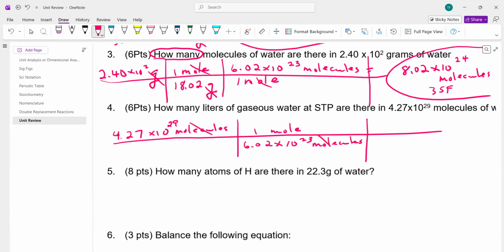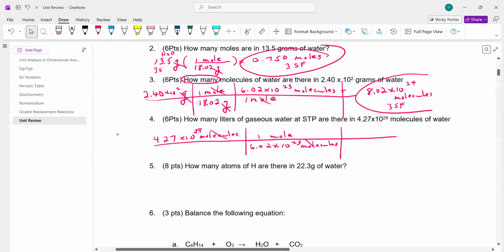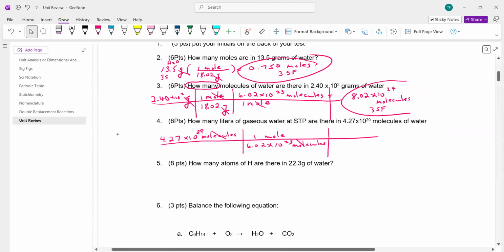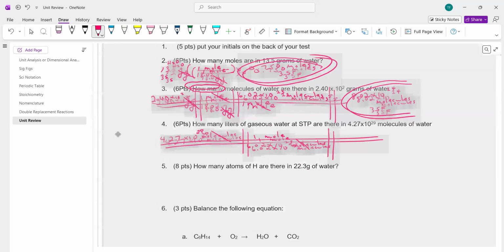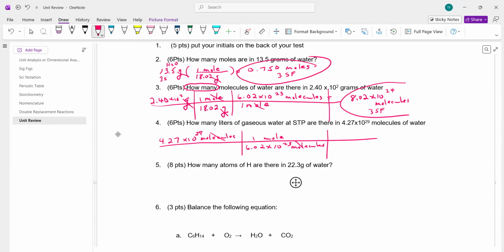Okay, given cancels. And then we need to go to 22.4. Mole cancels. So we're left with liters.